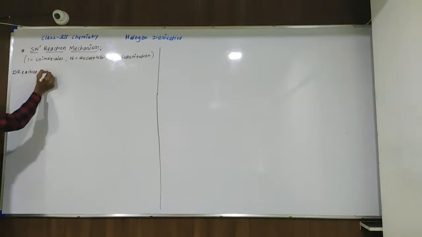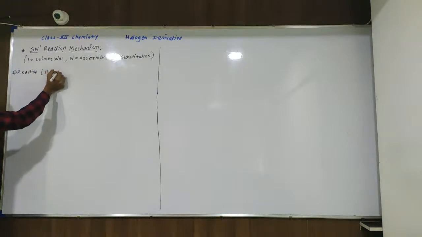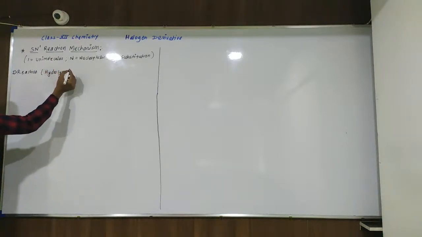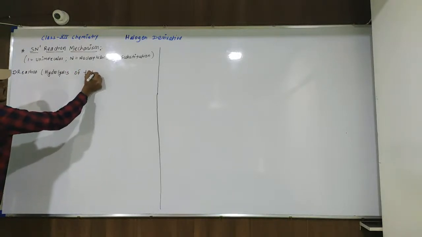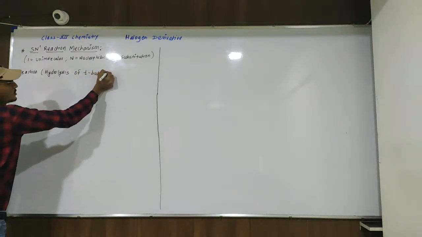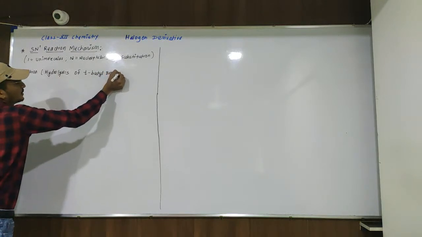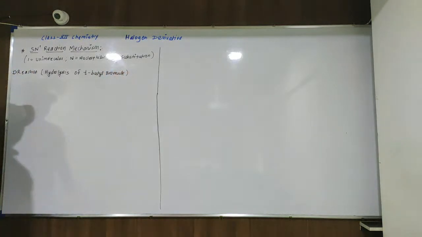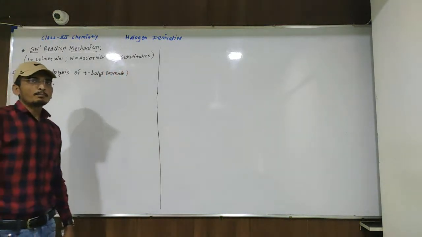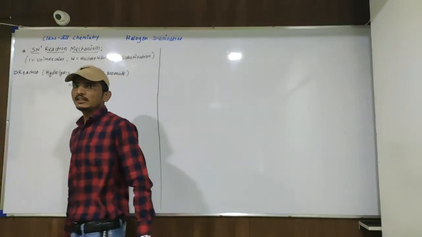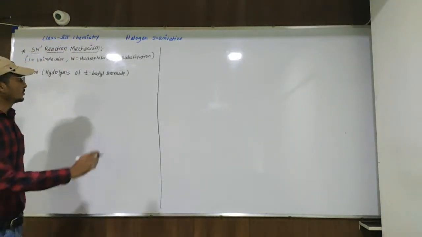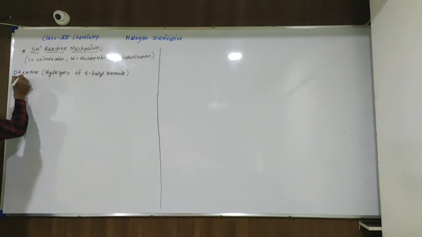I take here the hydrolysis of tert butyl bromide. From that you will get tert butyl alcohol. But there is some change in the mechanism, so that's why I consider this first reaction.